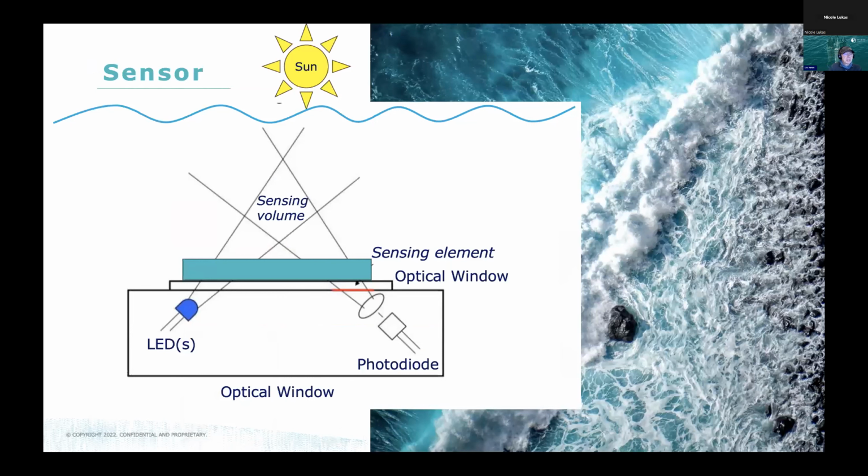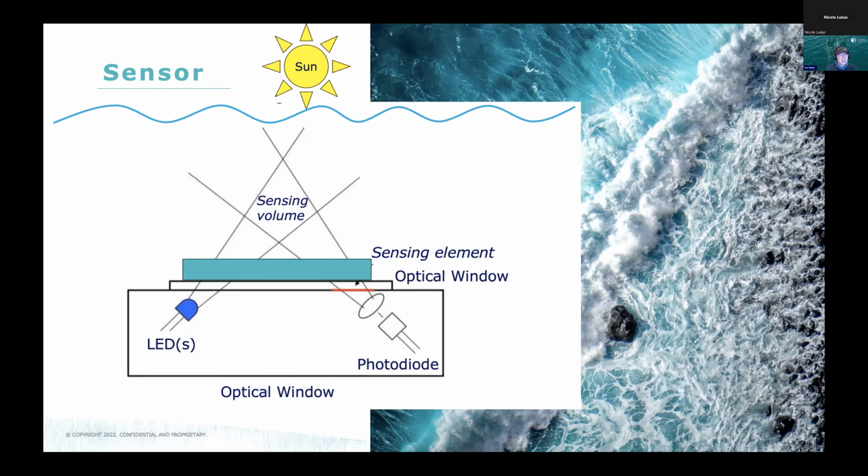The basics of the optical sensors that we're talking about today, and actually most of our optical sensors, are that there's some sort of light source, typically an LED, and it shines a light either directly or at some angle into the environment, or through an optical window. Then there's a photodiode, which is sensing that volume and is getting scattered light.